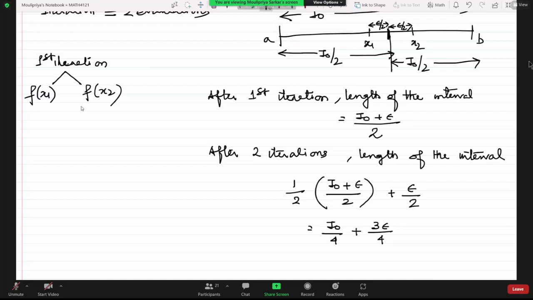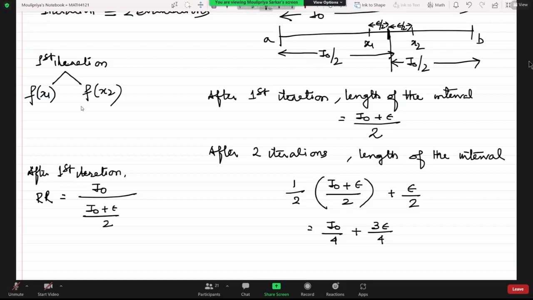Acha. Now, if I talk about the reduction ratio, that implies the ratio at which the interval is shrinking after the first iteration, the reduction ratio would be, it was initially I0 divided by I0 plus epsilon by 2.